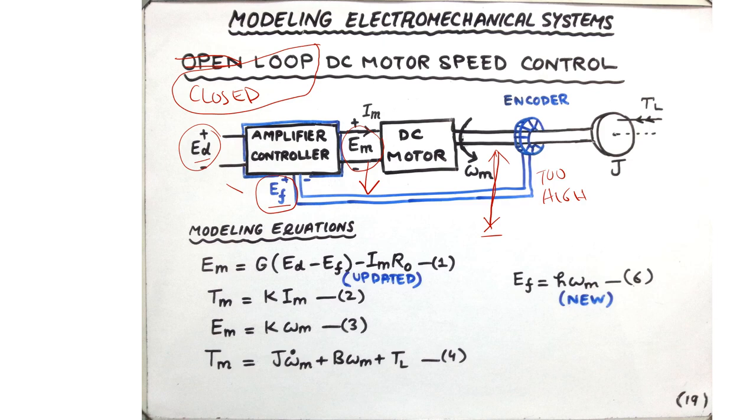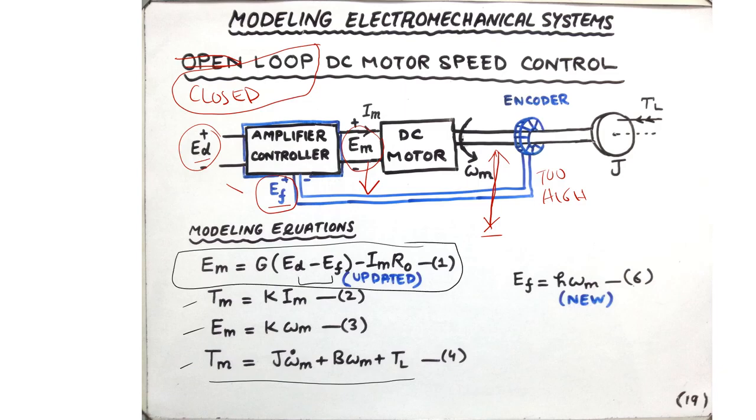The modeling equations of the systems are more or less the same as before, especially the torque and the current relationship, the relationship between the motor speed and the motor supply voltage, the mechanical dynamics of the load, inertia. The only thing that changes is first the equation of the amplifier controller, which is now amplifying the difference of ED and EF, where EF is a feedback, motor speed feedback signal.